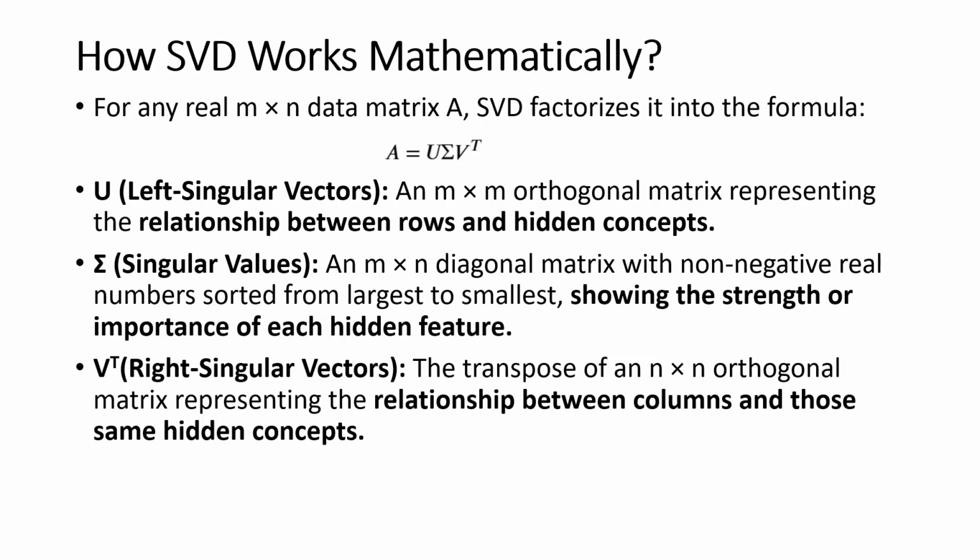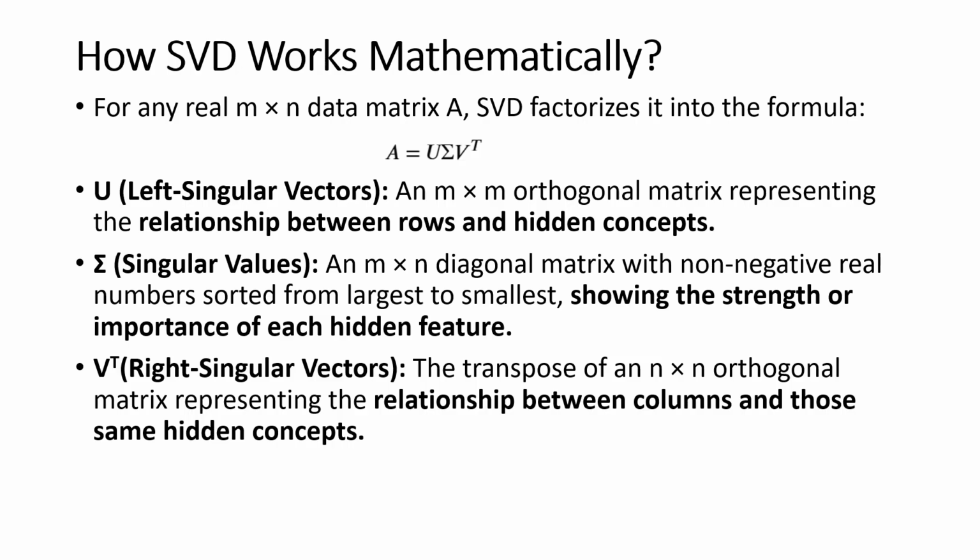Next come the singular values, represented by sigma. It is an m by n diagonal matrix, with non-negative real numbers, sorted from largest to smallest. When we are doing the numericals, you will be very clear on what these things are, but now let us go into the theory portion.